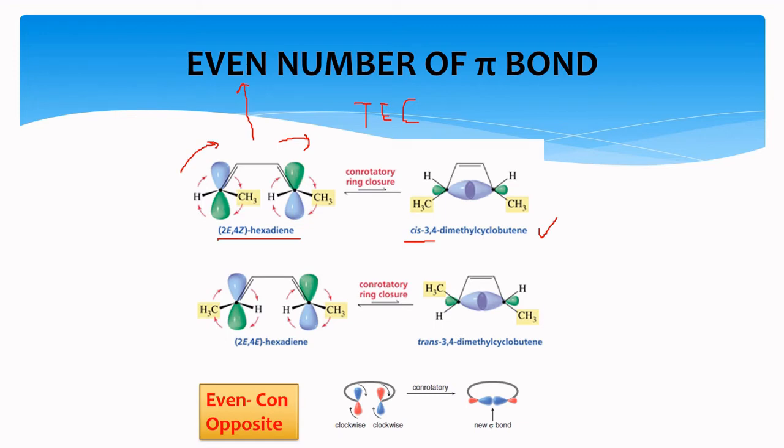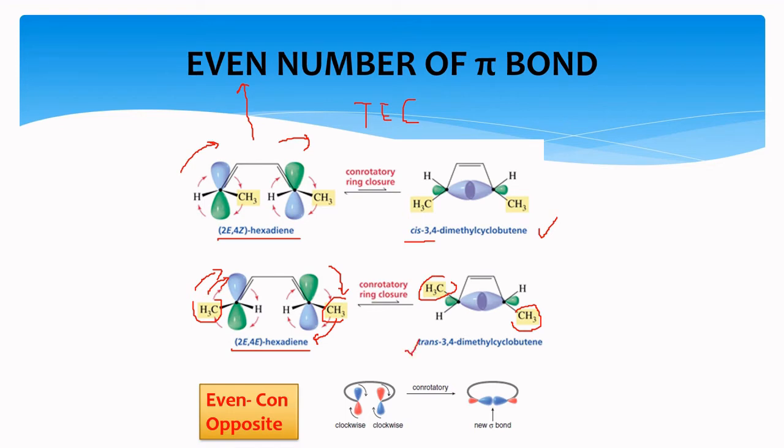Okay, let's take a look when you have a trans starting material. This will undergo conrotatory also. So what happens is that this methyl group will go down, while this methyl group will go up. So you will get this one up, this one down, and you will get a trans product.